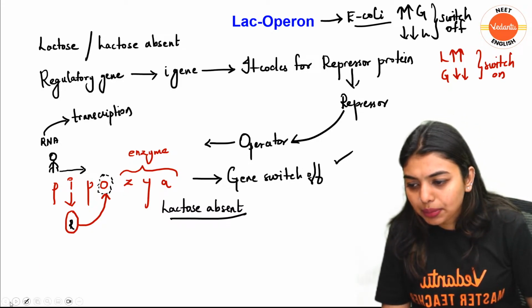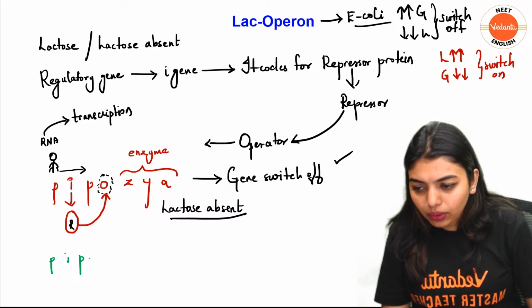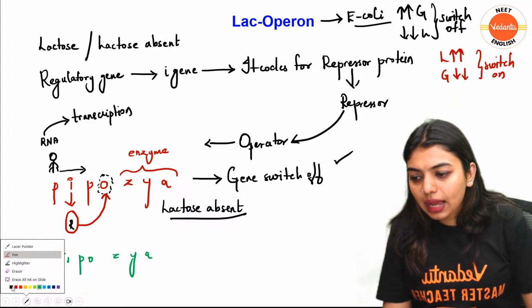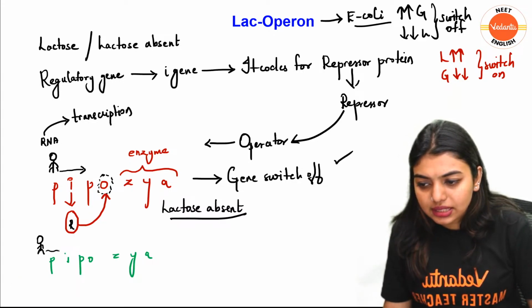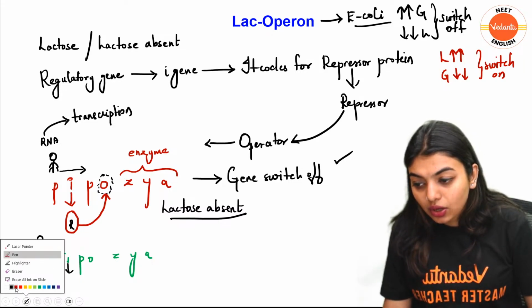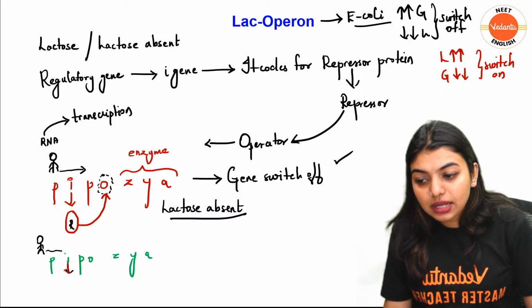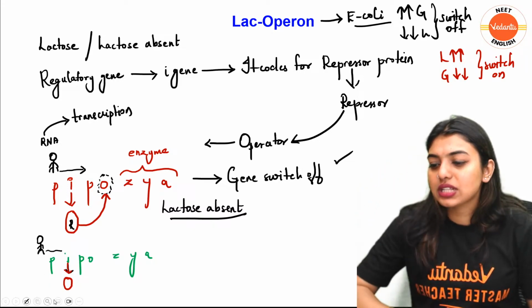Now how? Simple, students. Again, Pipo, let's write Pipo ZYA. Who is coming happily for transcription? RNA polymerase is coming. Here again the I gene will code for repressor protein and it will form the repressor. But in this case, lactose is present.